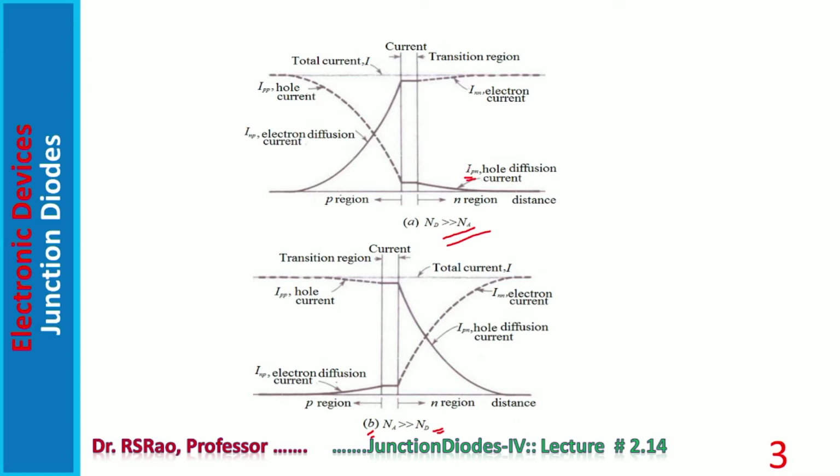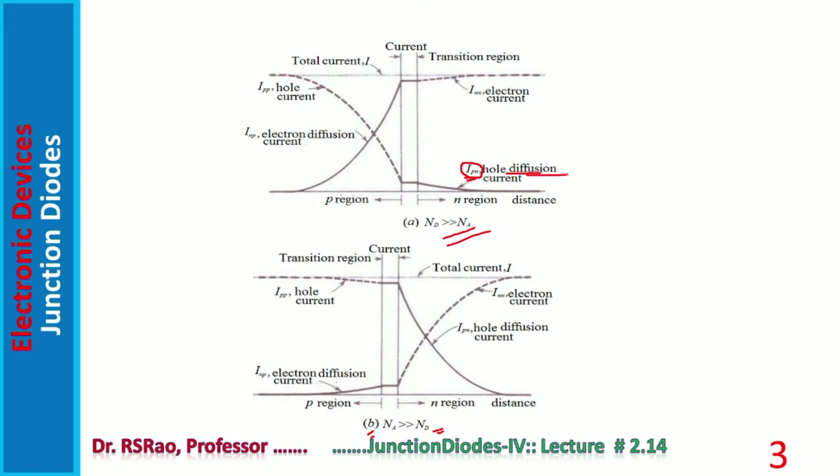IPN stands for current due to holes on the N side. This current component has two parts. One part is due to drift, another part is due to diffusion. We have already understood that the drift part is negligible. Therefore, the minority carrier current, the whole current on the N side, is entirely due to diffusion.